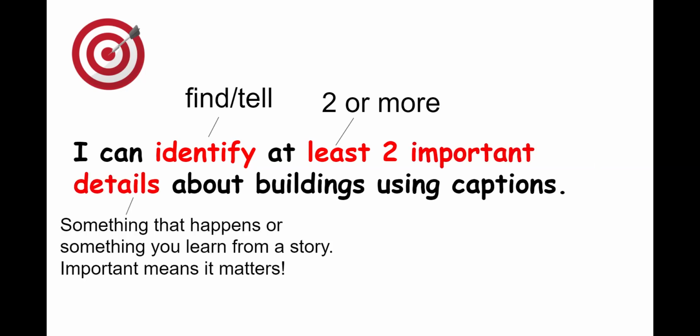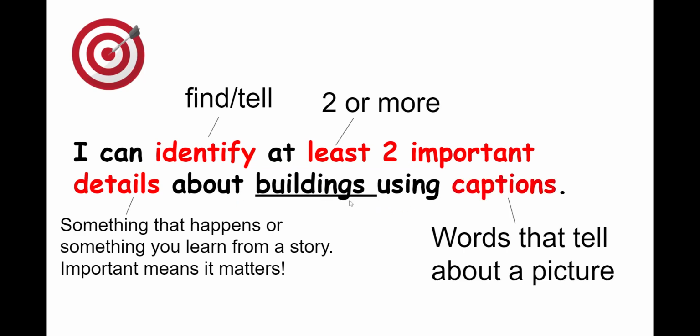So a detail is simply something that happens in a story or something that you learn from a story. We want to make sure we're only talking about the important details, which means details that really matter to the story. We are going to read this story and find two or more important details about buildings.